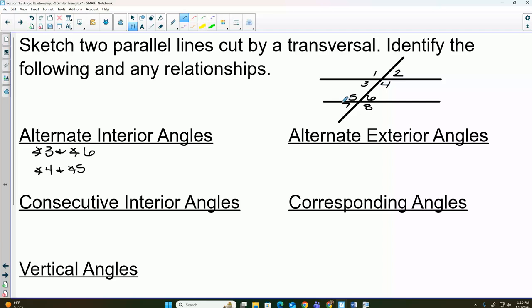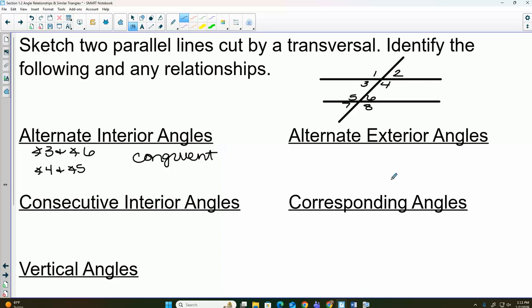Alternate, because they're on opposite sides in between parallel lines. The important thing here, what's true about those measures? They have the same degree. Yes, they are equal in the same degree, or you could say congruent. I don't care if you use the right term, if you say equal, that's fine, but they are the same measurement.